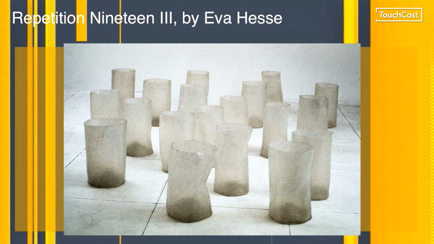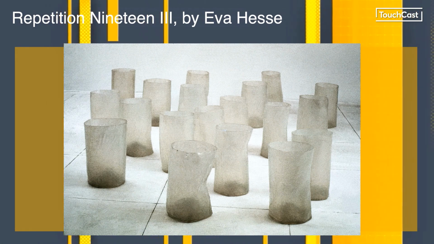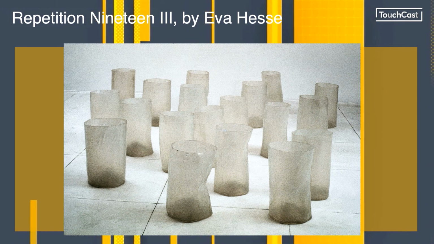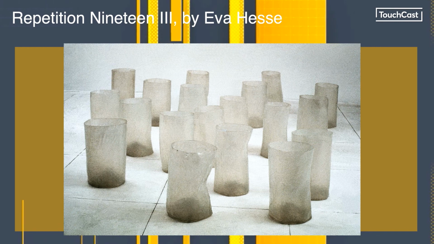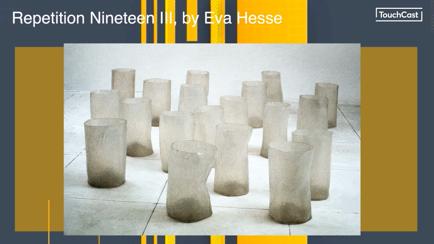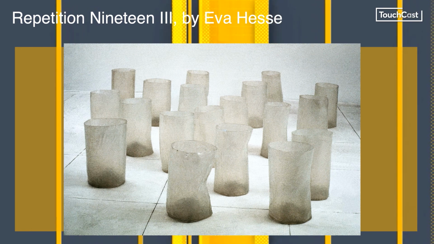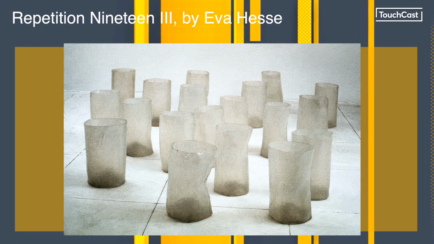I want you to write a list of similarities and differences between this and the work of Judd, Untitled Stack. When you're finished, organize this list and answer it later in your task in Google Classroom. So that's the first part of the task.